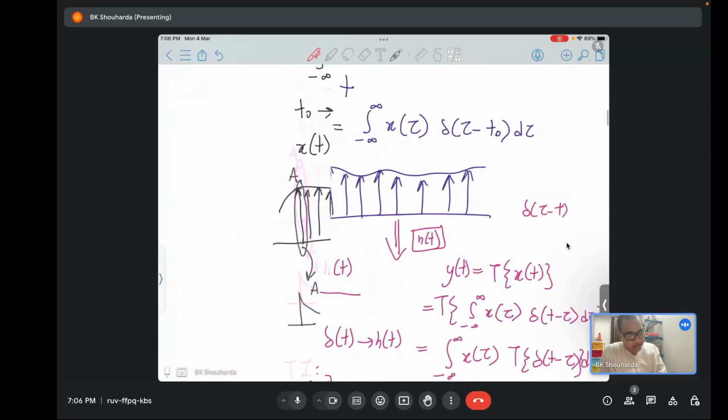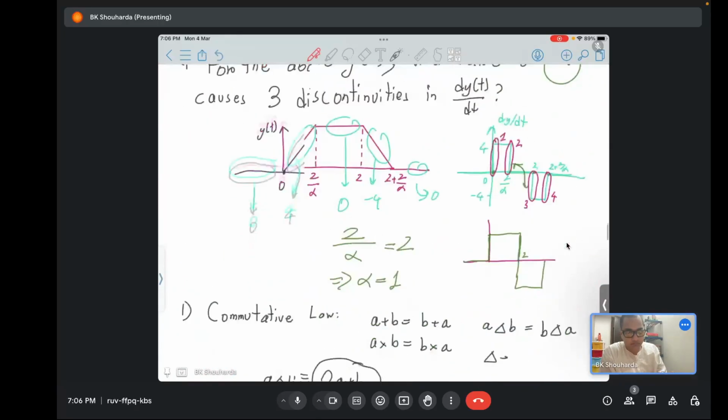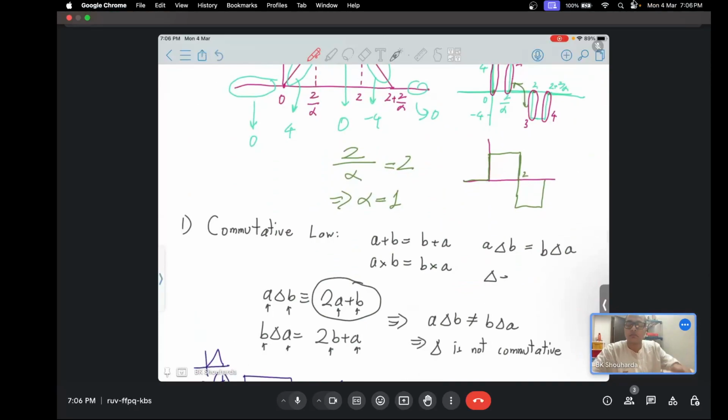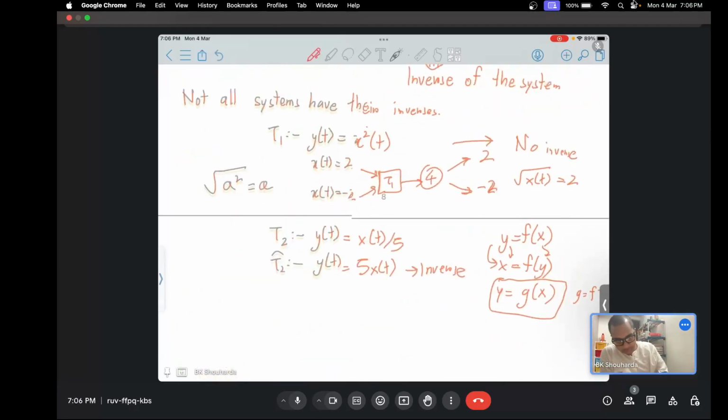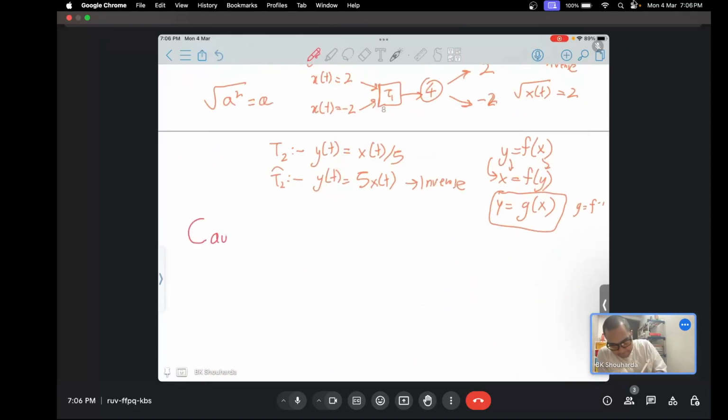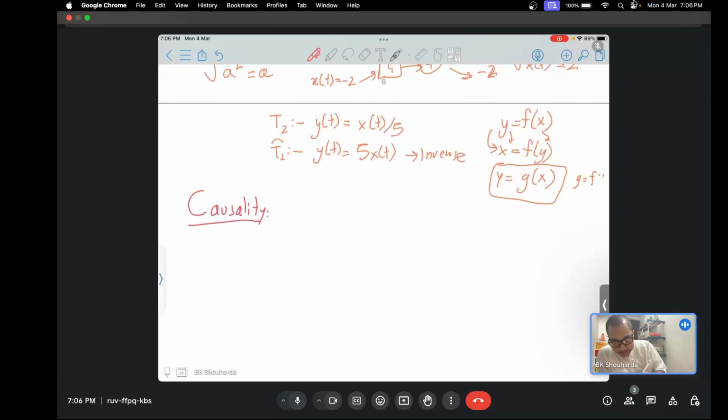Now let's look into causality. So systems can be causal, non-causal, and anti-causal.